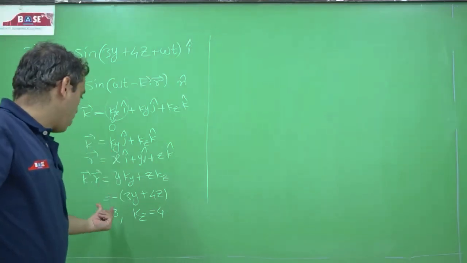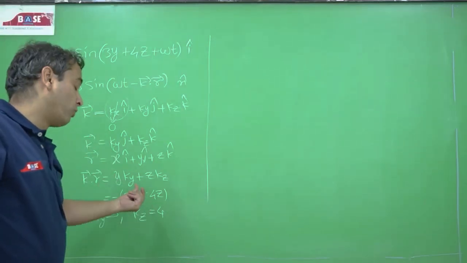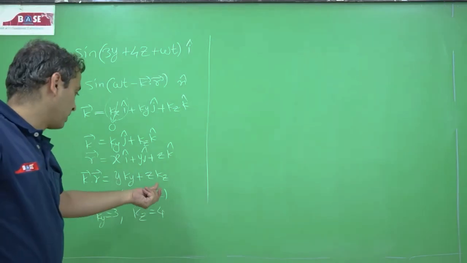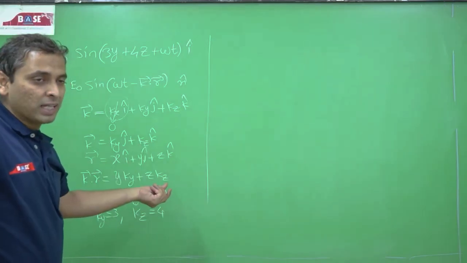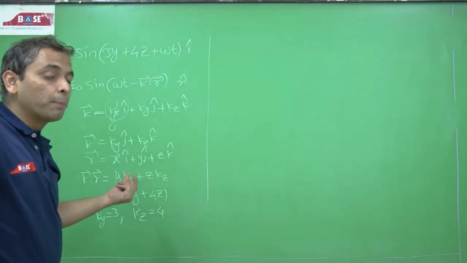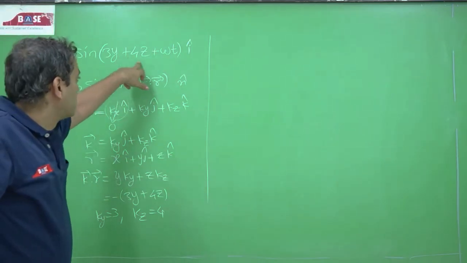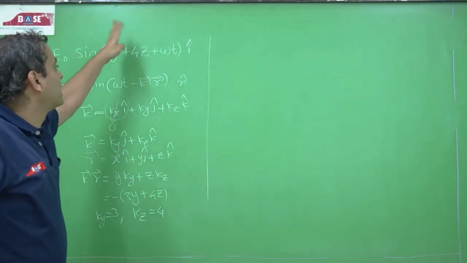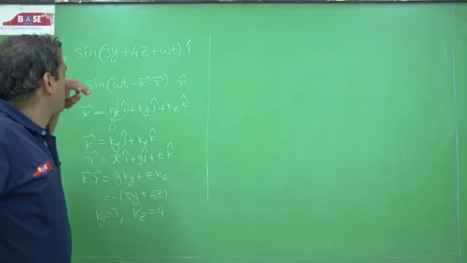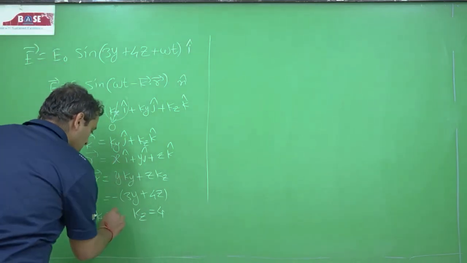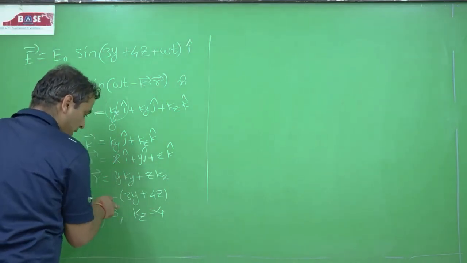Now we get the y component and z component of the k vector as 3 and 4. But as these coordinates are positive, the wave should be traveling in the negative direction of that, right? So in this case, we get ky equals minus 3, kz equals minus 4. There was a minus sign in between.